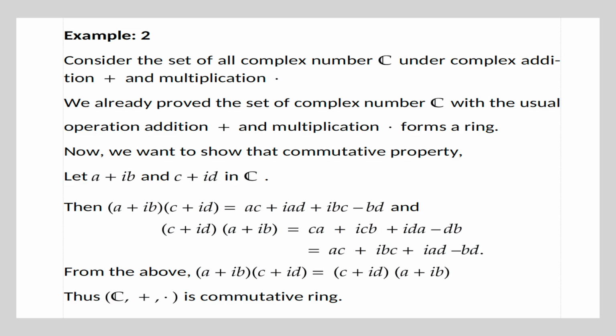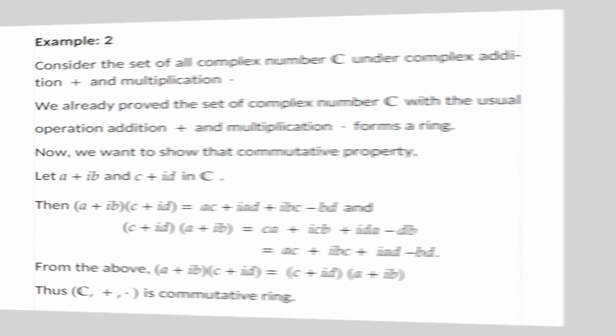Let a + ib and c + id be in C. Then (a + ib)(c + id) = ac + iad + ibc − bd, and (c + id)(a + ib) = ca + icb + ida − db, which equals ac + ibc + iad − bd. From the above, (a + ib)(c + id) = (c + id)(a + ib). So (C, +, ·) is a commutative ring.